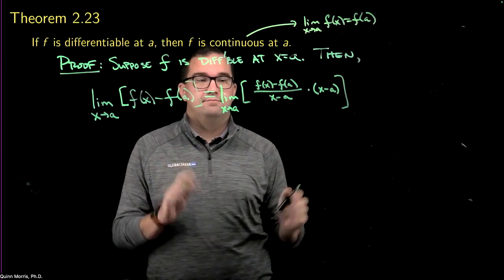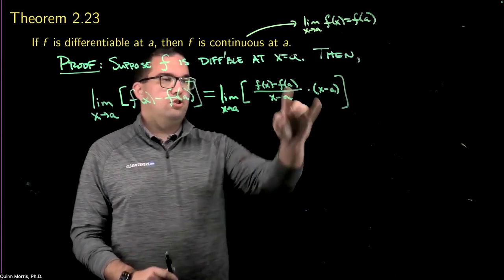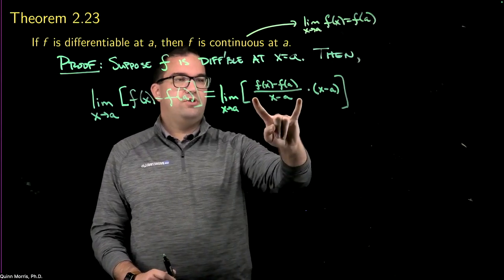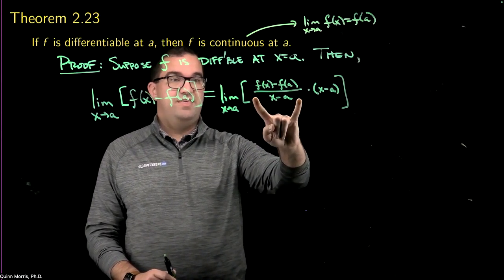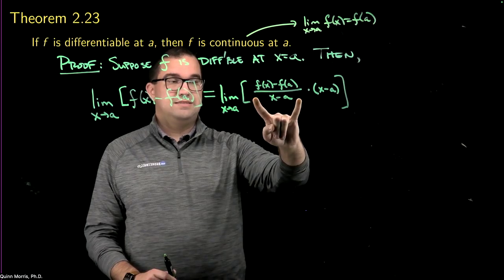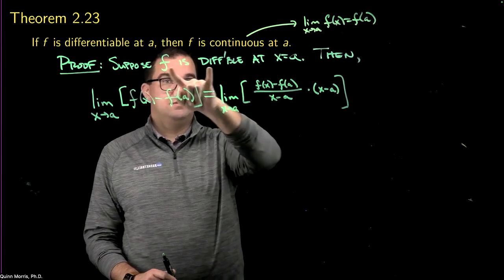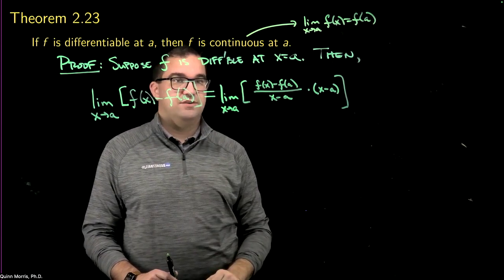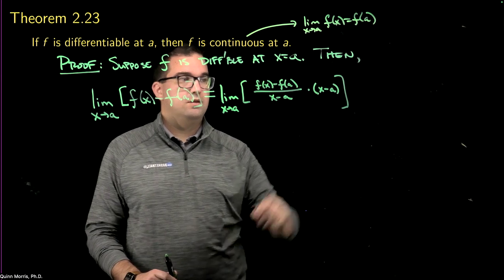Hopefully I can deal with that. Okay. Now, looking at this expression, I know the limit as x approaches a of this is f prime of a, and that exists because my hypothesis is that f is differentiable at x equals a.